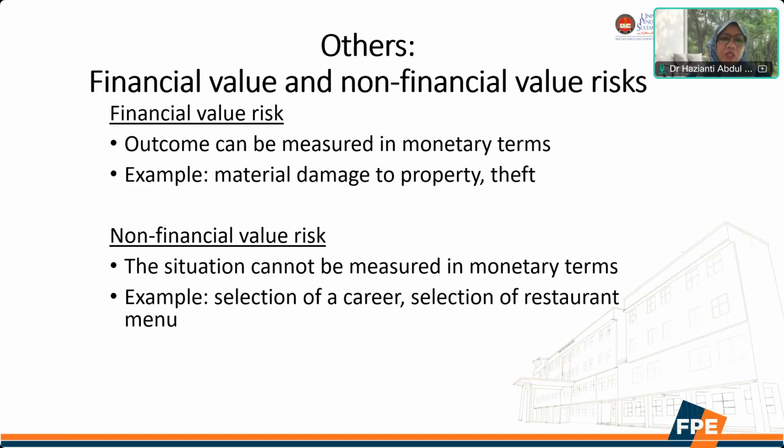So in this case, the situation cannot be measured in monetary terms. For example, selection of career. Alamak, what do I want to be when I graduate? So just selecting a career would be a non-financial value risk. Selection of restaurant menu. Sometimes you want to try a new menu in that restaurant, but you are not sure whether the menu is good or not. So that is a non-financial value risk.